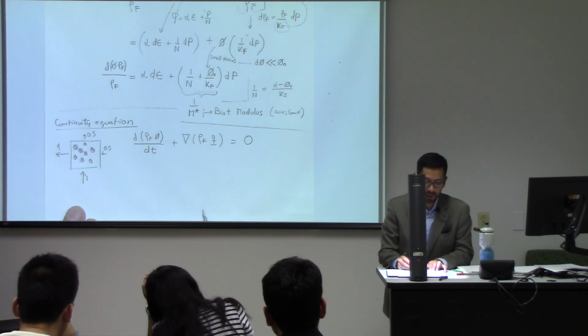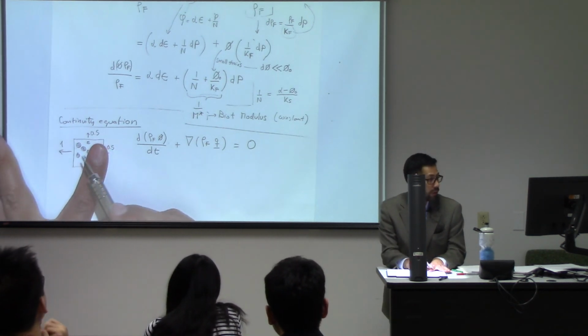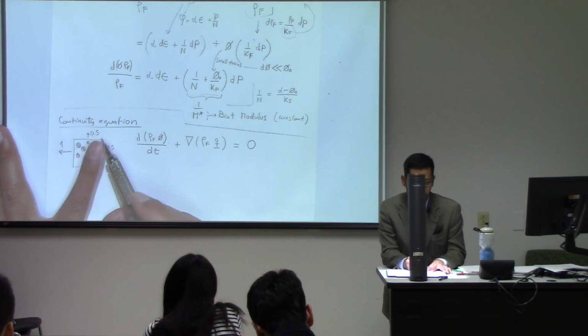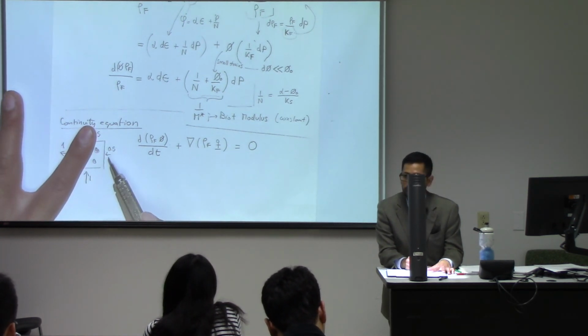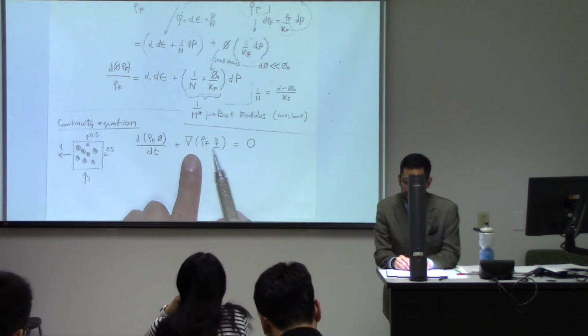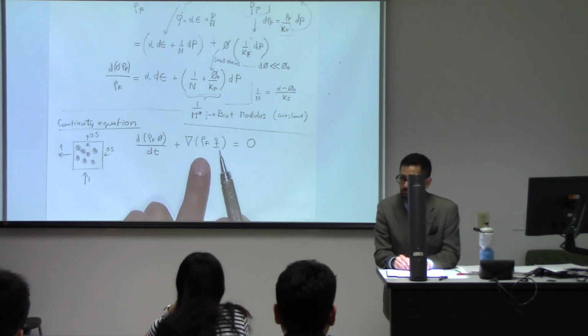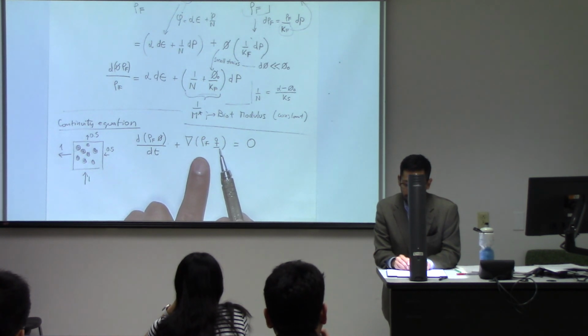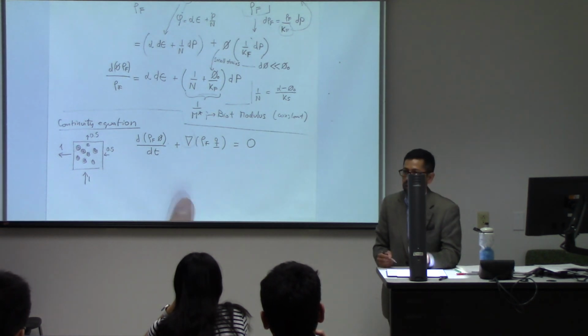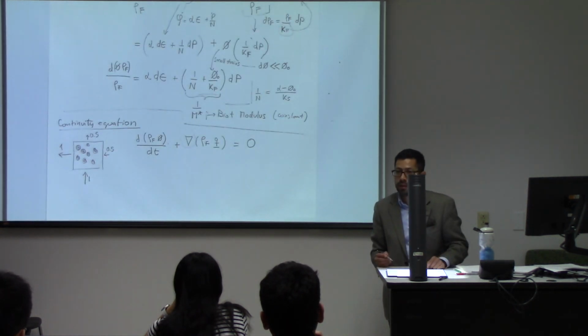So whatever comes out of the porous solid, 1 and 1.5, has to be equal to whatever gets in. That is this term, the variation of fluid amounts in different directions, where these are derivatives as a function of space.